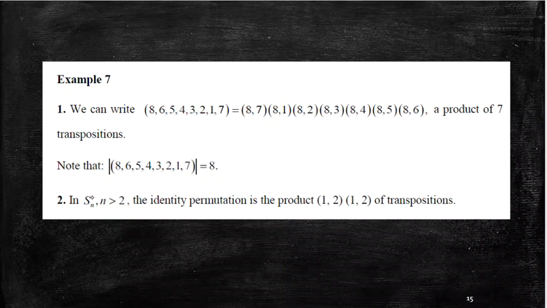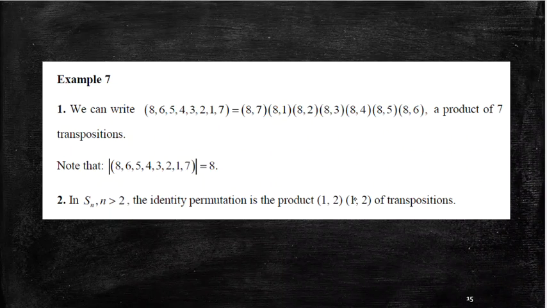In a symmetric group of degree n, for n greater than 2, the identity permutation is the product of (1, 2) with (1, 2). When we multiply the same cycle, that means (1, 3) multiplied with (1, 3), it goes to the identity permutation.